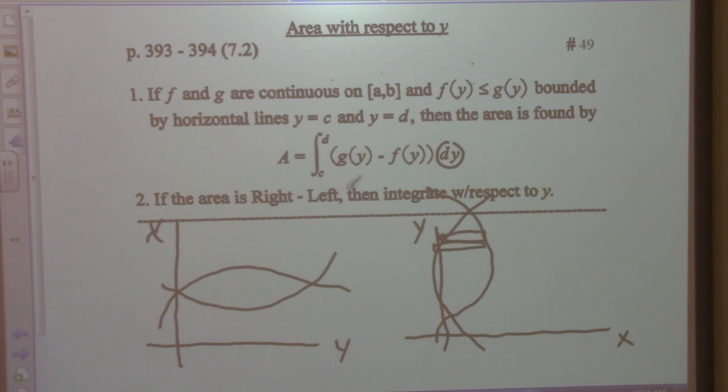If they use C and D instead, here would be C and this would be D, and so you're integrating between C and D of this function here, which is g of y, and you subtract out f of y.